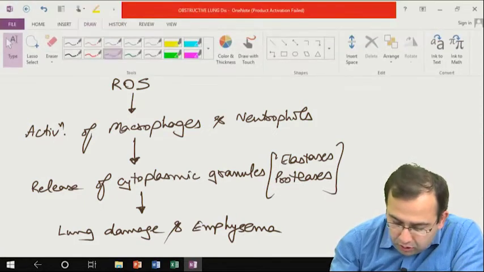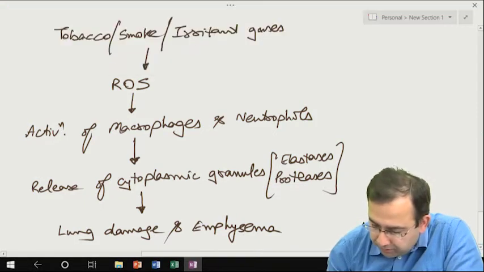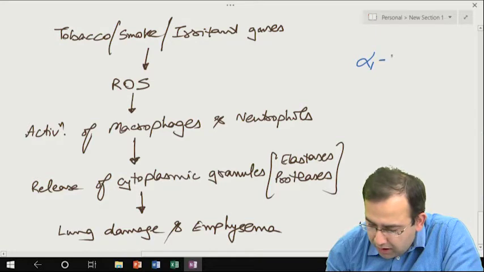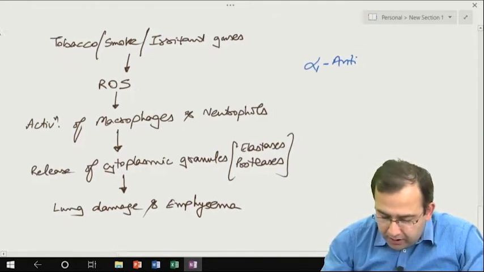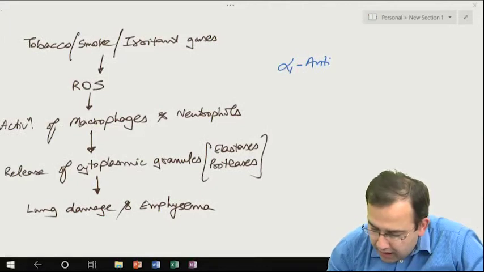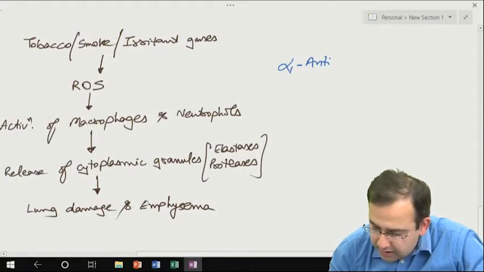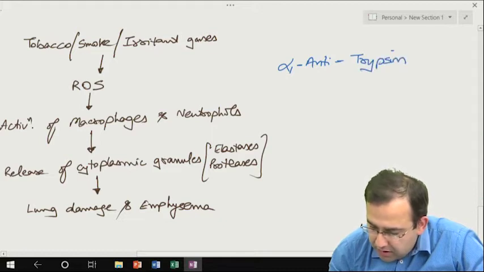What is the role of alpha 1 antitrypsin? Antitrypsin is an anti-elastase or anti-protease, since trypsin is elastase or protease.